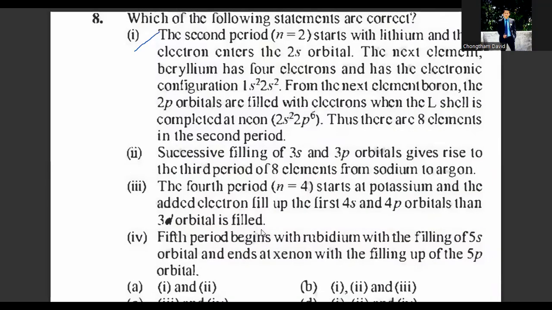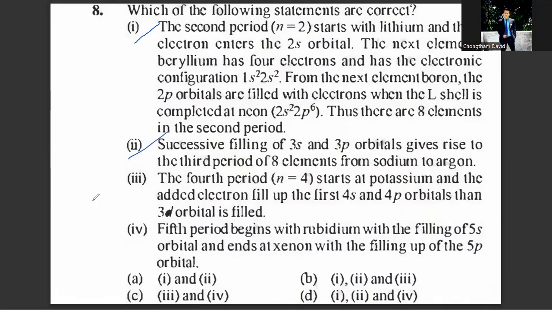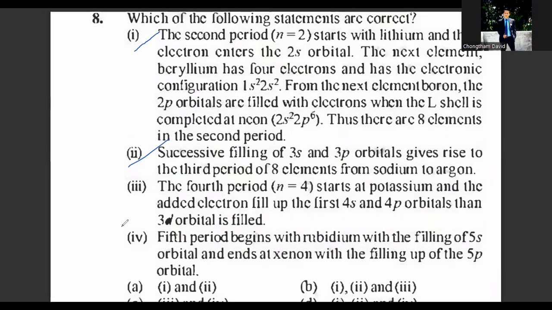Next, let us read the second statement. Successive filling of 3s and 3p orbitals gives rise to the third period of 8 elements from sodium to argon. This is also correct. What about statement number 3? The fourth period starts with potassium and electrons are added to fill up the 4s and 4p orbitals first, then 3d.